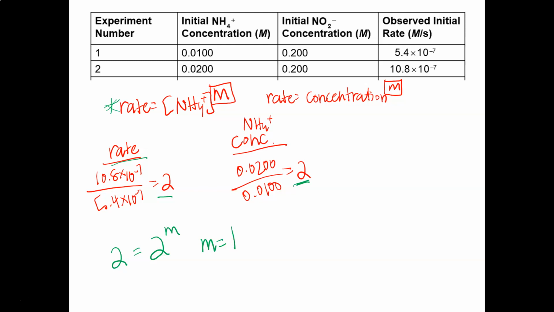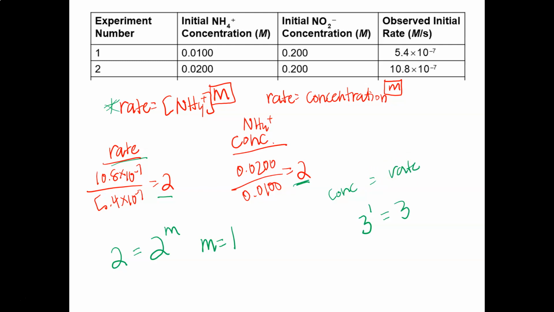Okay, so I just have a relationship between ammonium and the rate. If I doubled the ammonium, 2 to the first power, which is 2, the rate is also 2. So what if I tripled the molarity? If the concentration was a 3, well, 3 to the first power is 3, so the rate would also triple.